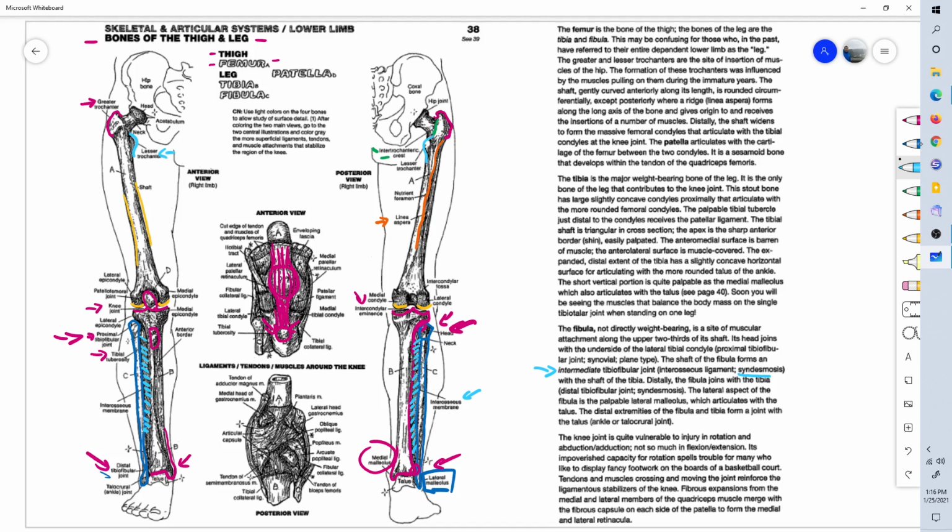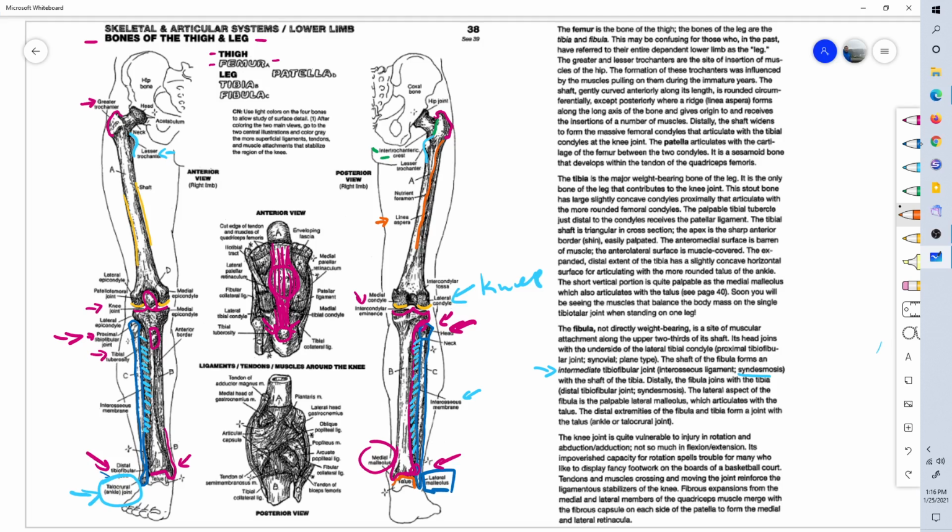So at the proximal end of the tibia, of course, was the knee joint. And at the distal end of the tibia and fibula is what's known as the talocrural joint. This is the talus here. It's a bone in the ankle called the talus.